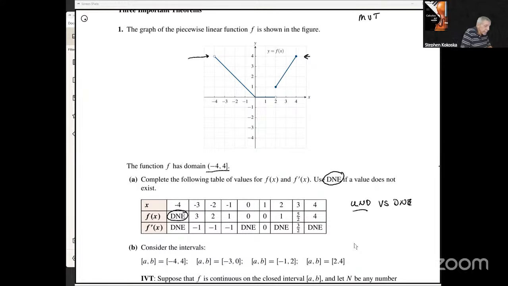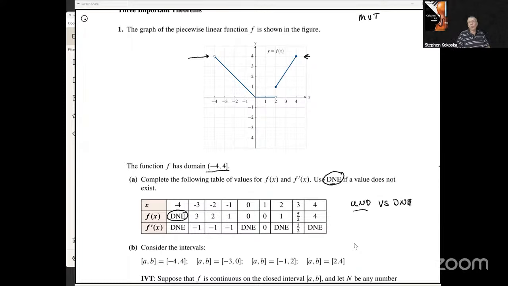Now, it does say in the instructions here to use DNE for does not exist if a value doesn't exist, but I wanted to add a little bit here. Sometimes there's a subtle difference between undefined and does not exist.